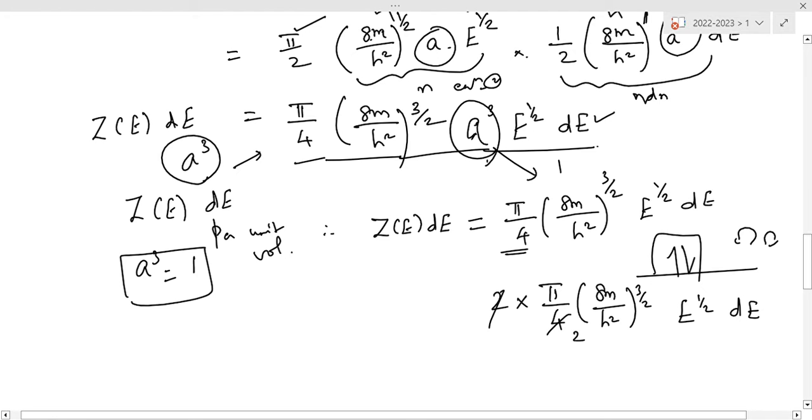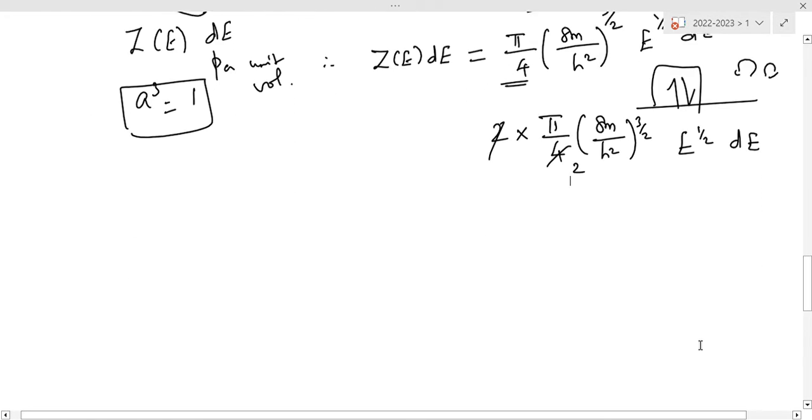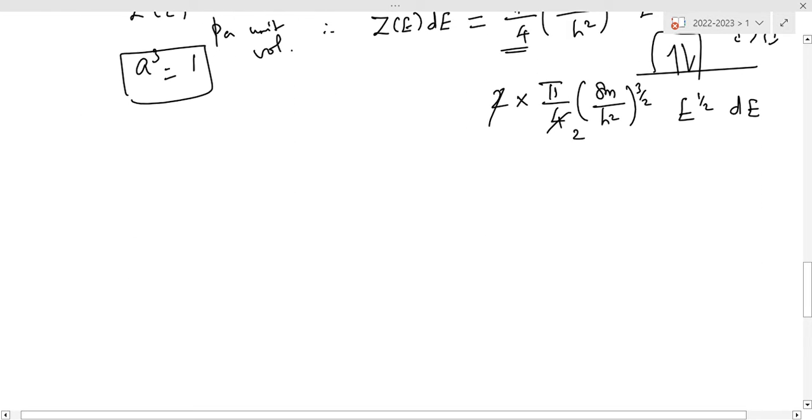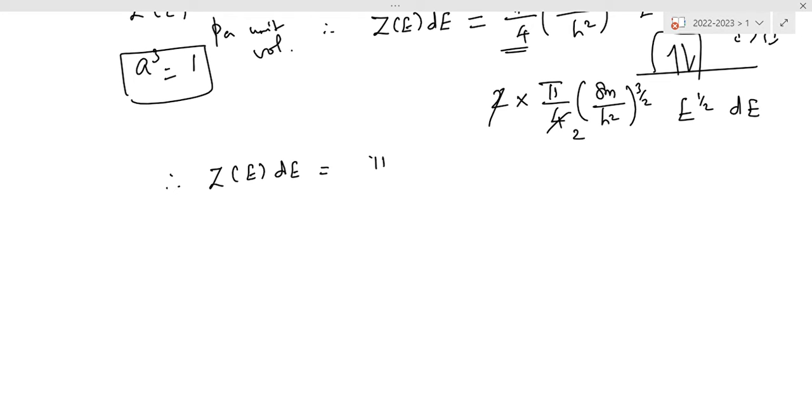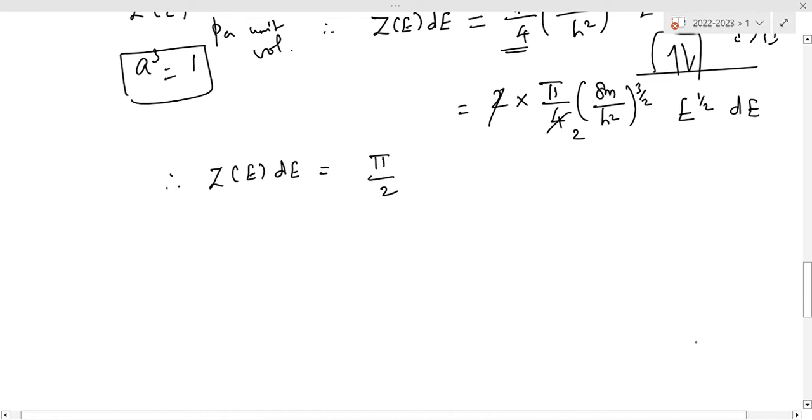Now I am cancelling 2 and 4. I get pi by 2 here. Therefore, density of energy states is equal to pi by 2, 8m by h square the whole power 3 by 2 E power half dE.